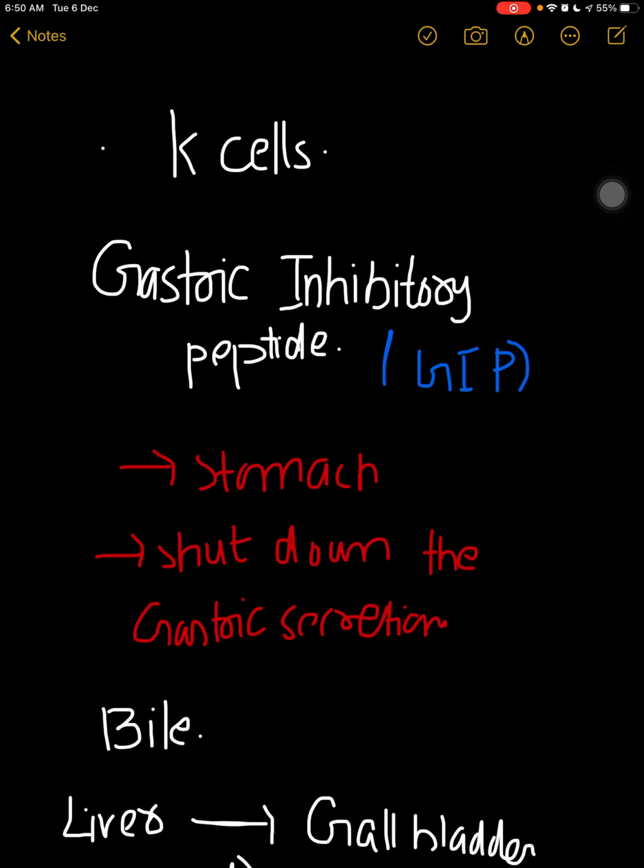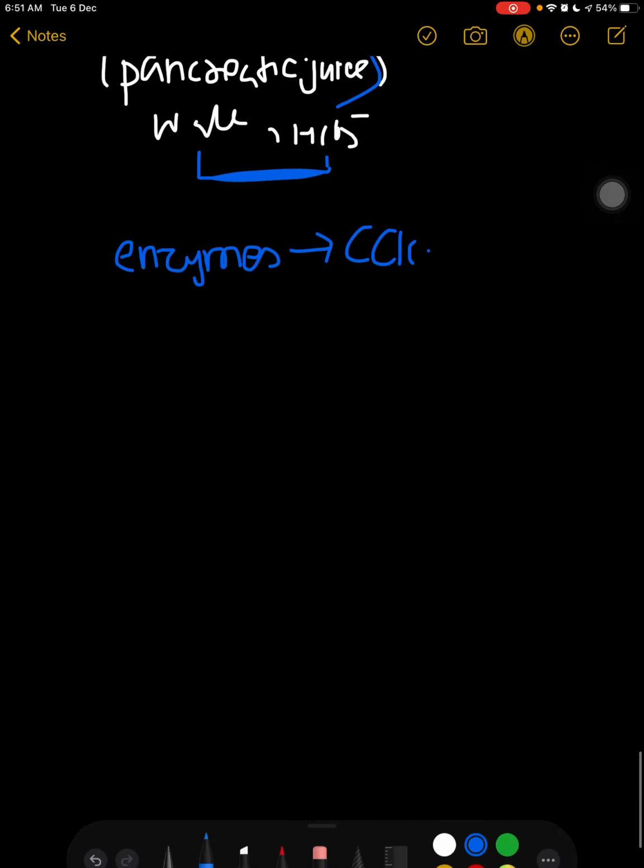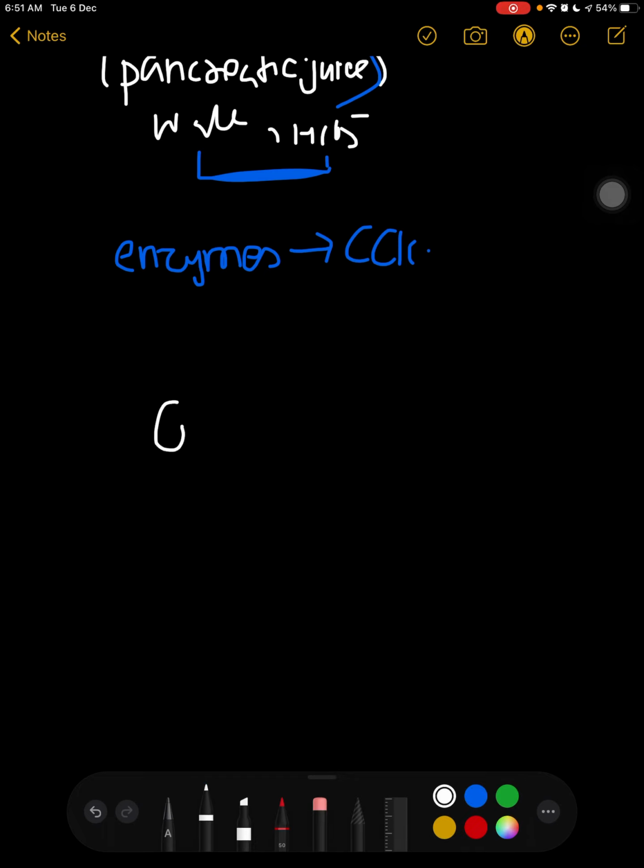It also works in depression: when a person is in depression, this hormone is released. If you know someone who is in depression, they don't want to eat, right? Why? Because their gastric inhibitory peptide has increased. So this GIP and gastrin work as antagonists.